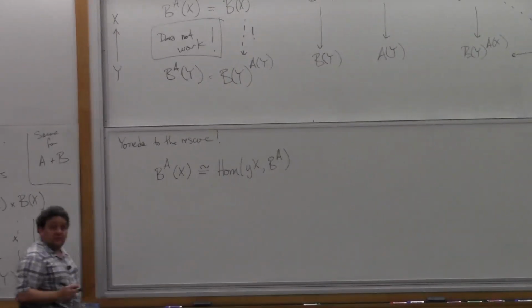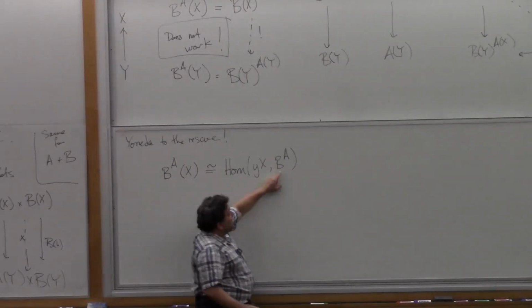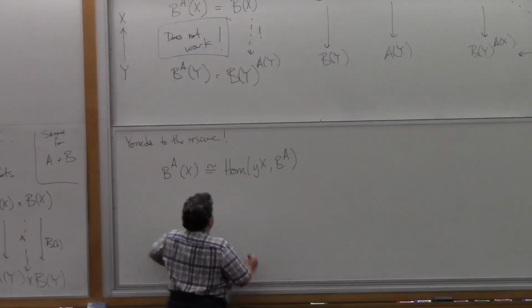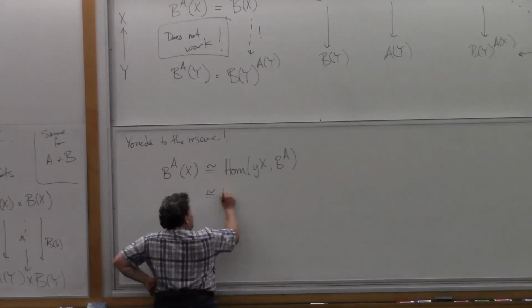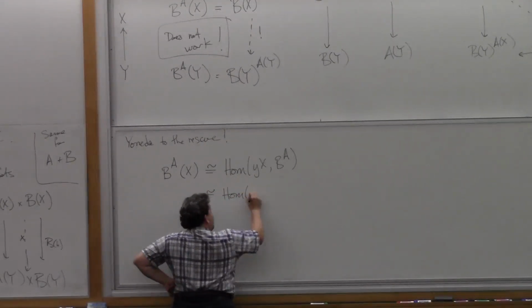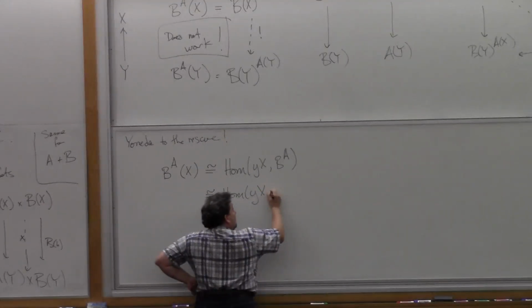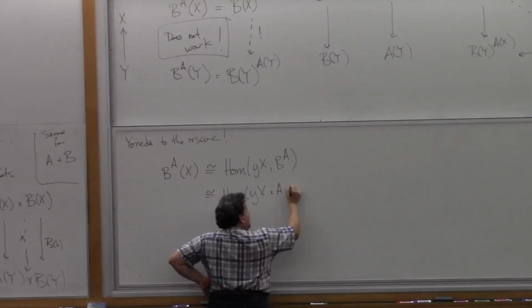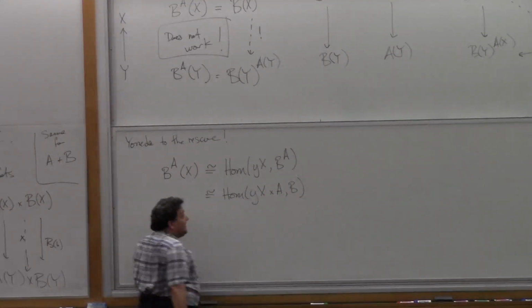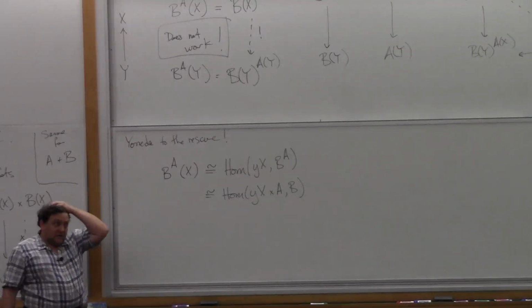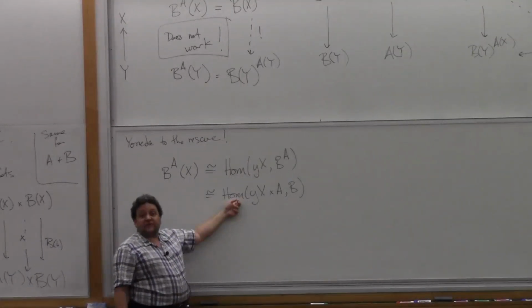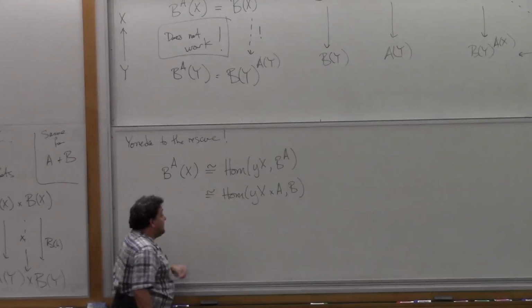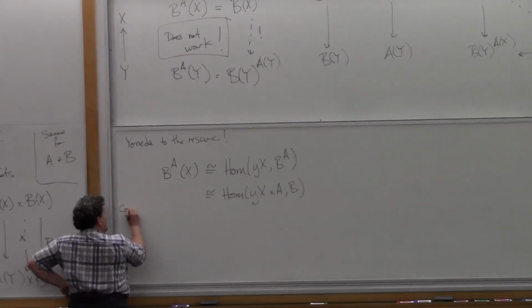So let's use it. If this is going to be an exponential, then that's going to be isomorphic to hom yx cross a, b. If it exists, it's going to be that. So let's see if that works. Does this give us a contravariant functor of x?